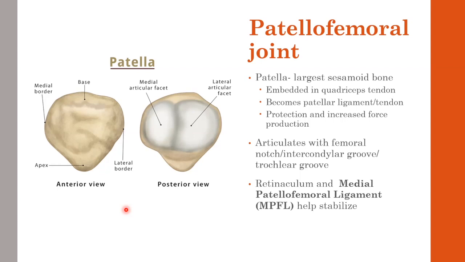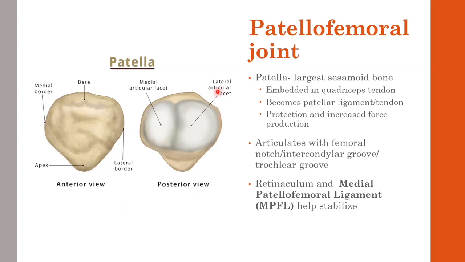So not only protection, our patella bone essentially increases our mechanical advantage. Remember, our mechanical advantage simply means that it maximizes our force producing capability. You'll especially see this during knee extension, really helping out our quadriceps muscle group.